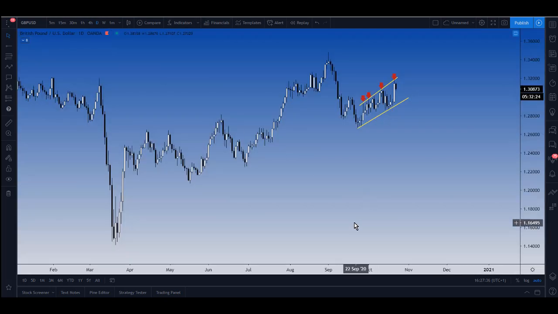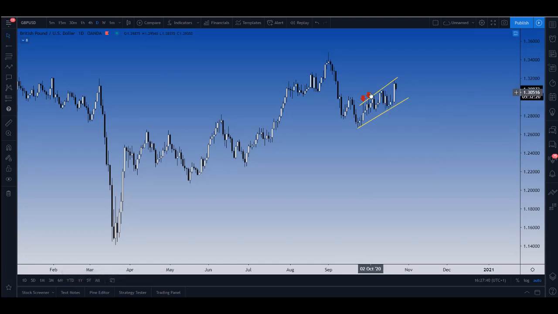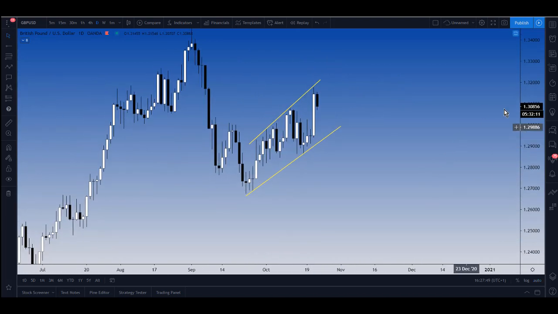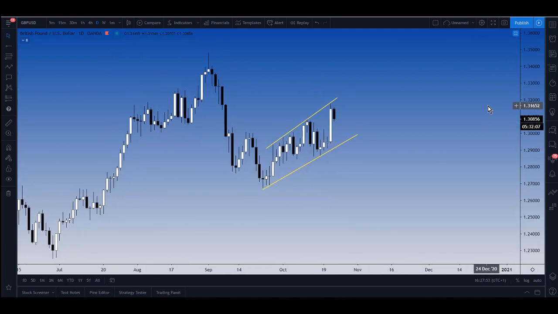Let's just zoom out a little bit. In fact, I'm going to get rid of these arrows because they're a little bit distracting. GBP pound is a little bit up and down at the moment because of continuing Brexit talks, but technically what it looks like is something like this: impulse, correction, and after a correction we would expect at least another impulse.